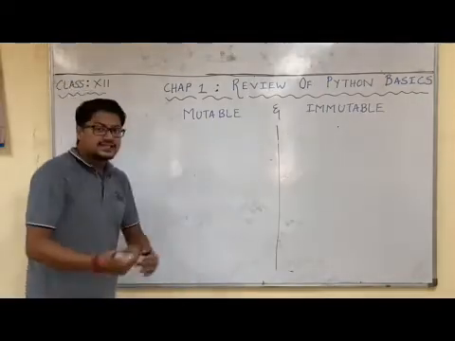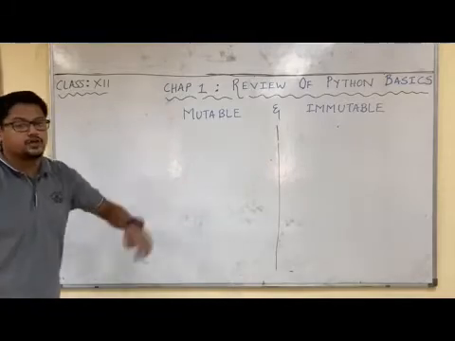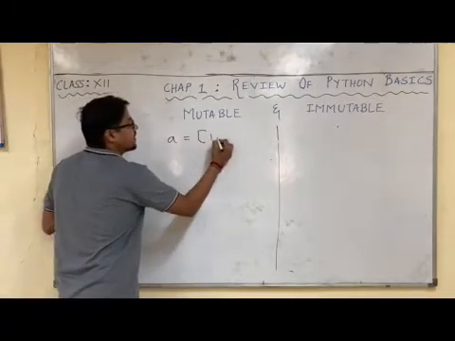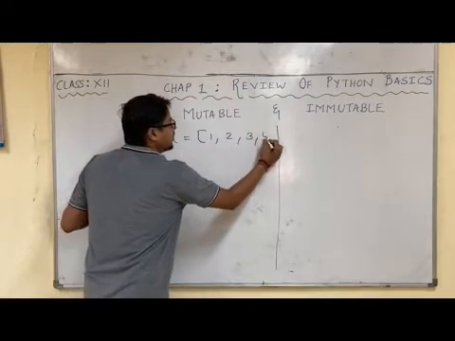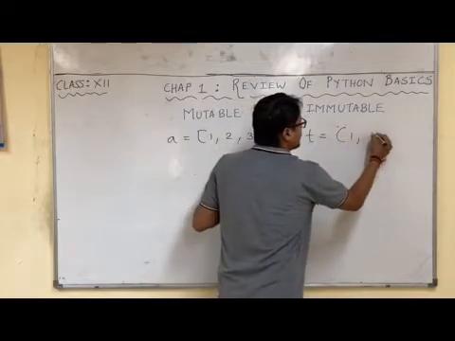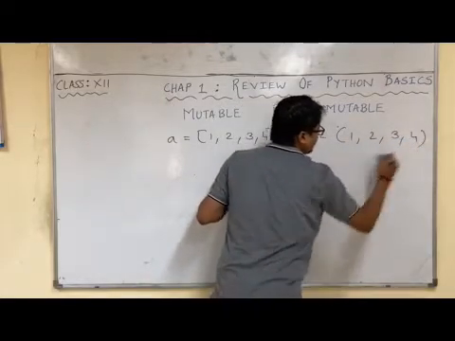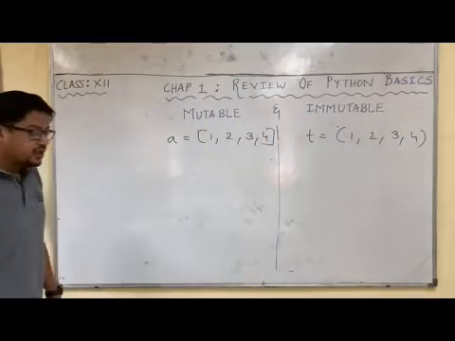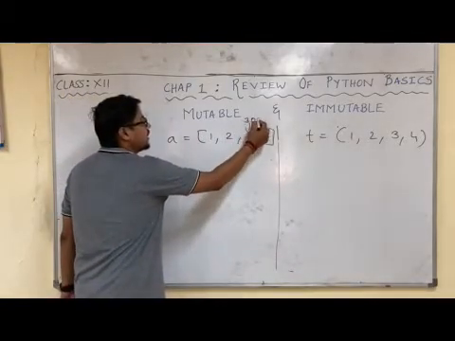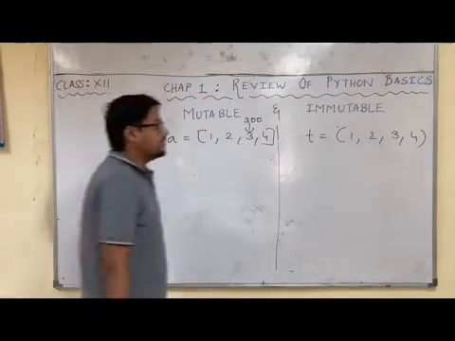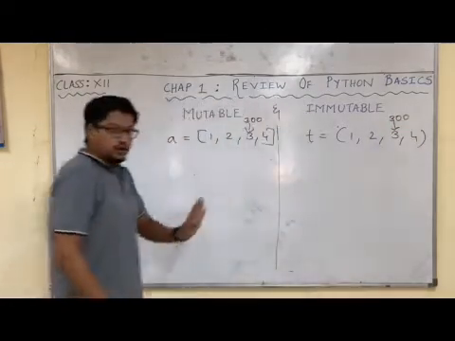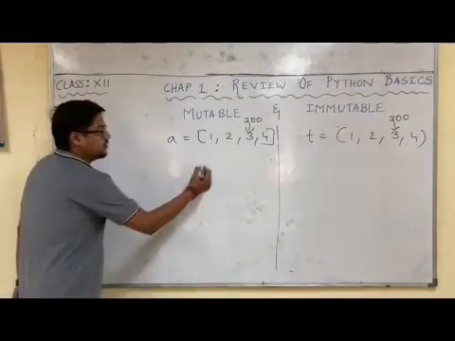Let us see a small example of mutable and immutable types for revision. Suppose I am defining a list, say 1, 2, 3, 4. And suppose here I am defining a tuple 1, 2, 3, 4. Okay. Now my target in both the cases is that I want to change this 3 into 300. Now don't forget about the indexing or traversing.